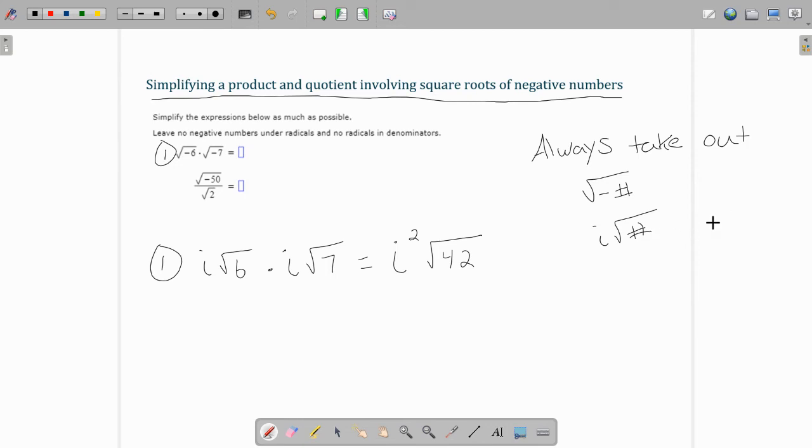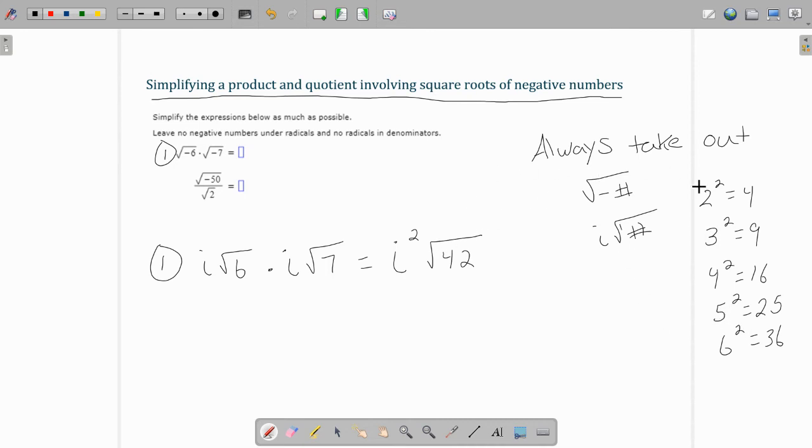Then our biggest perfect square. If you have to write this on the side, go ahead. These are all perfect squares. 6 times 7.